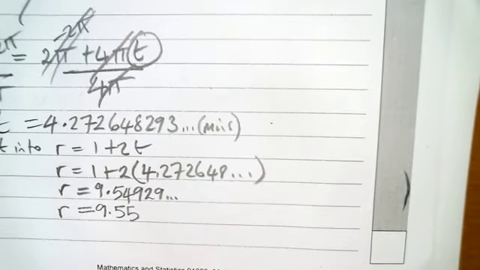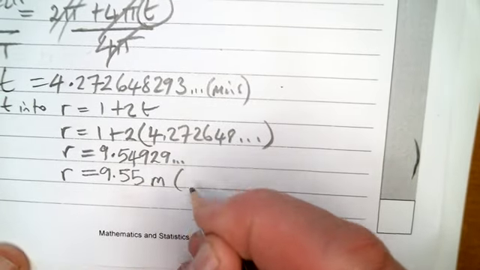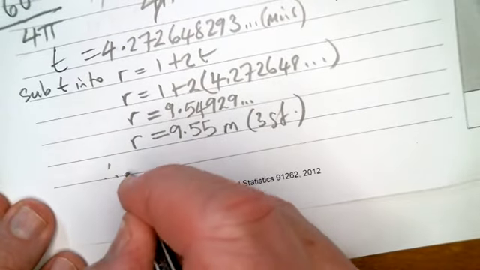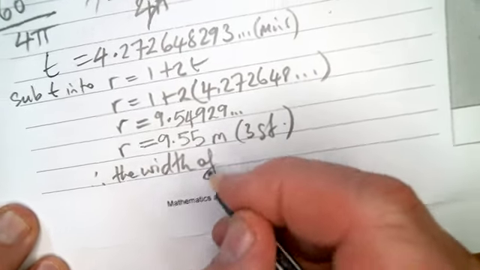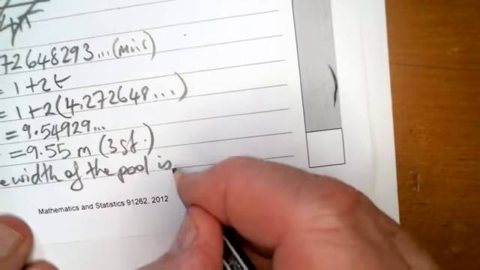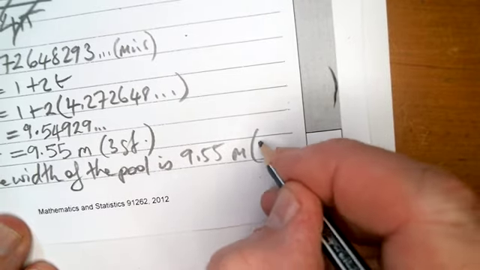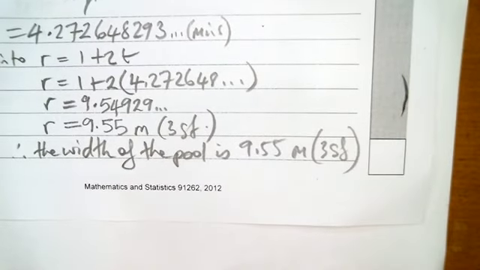Now, the r is going to be in meters, and I'll put 3SF. So therefore, the width of the pool is 9.55 meters, 3SF. And that would be how I find my answer.